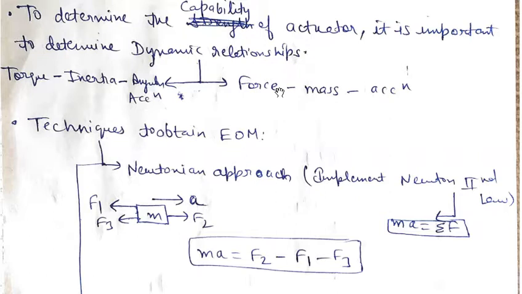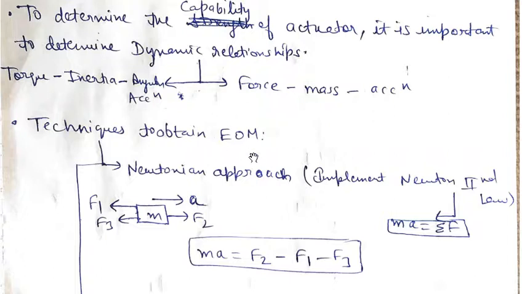Basically we use these relationships to find what forces and torques may be needed to induce desired acceleration in the robot links and joints. So we require some relation between these three expressions, and the relation between these three expressions can be determined using different techniques, and we call it the equation of motion, because in this we are going to study the motion part.